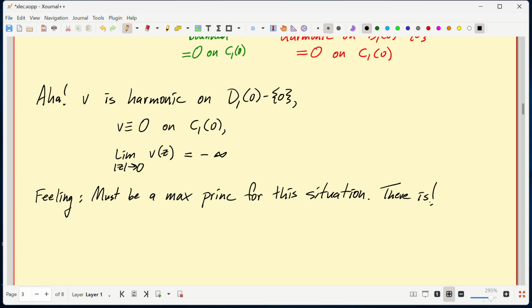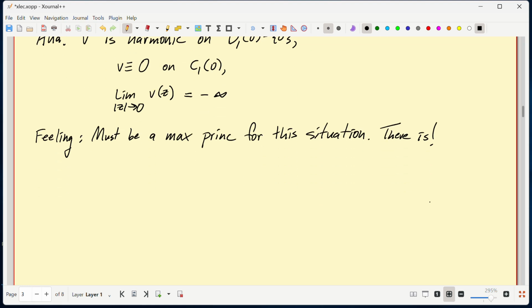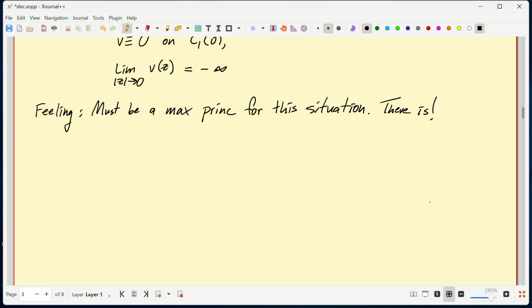I had a theorem about a maximum principle, but the function needed to be continuous up to the boundary to apply that maximum principle. And of course, it's not continuous up to the puncture. And so the deal is, here's the big idea. I'm going to take, this is the unit disk right here.